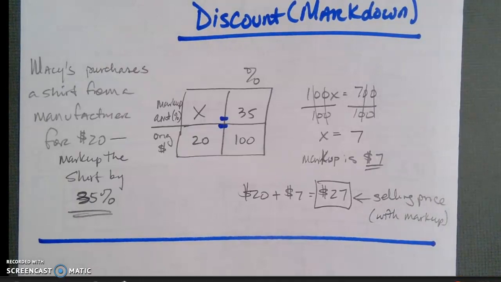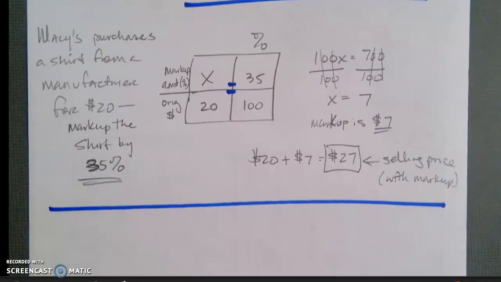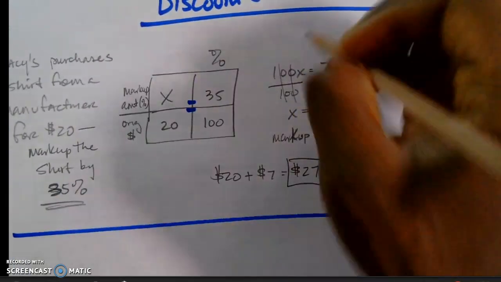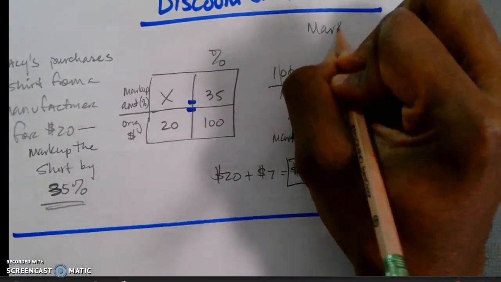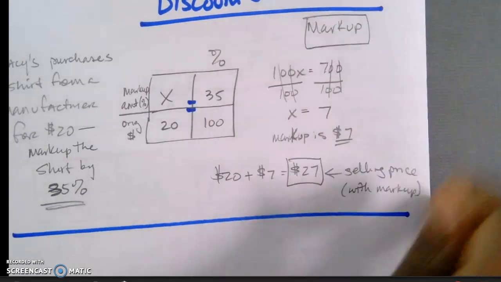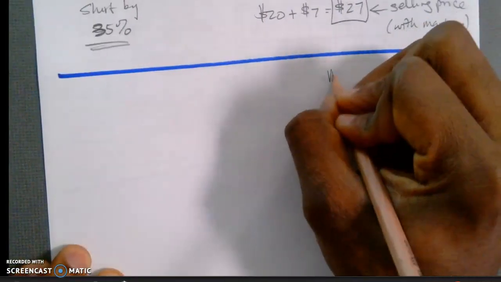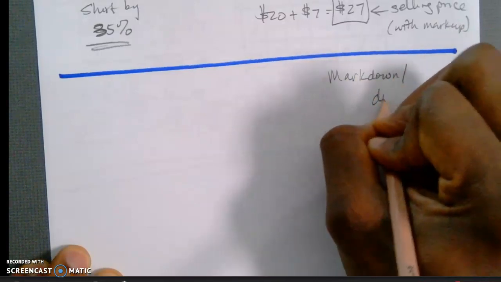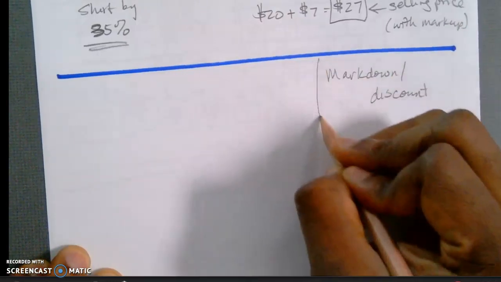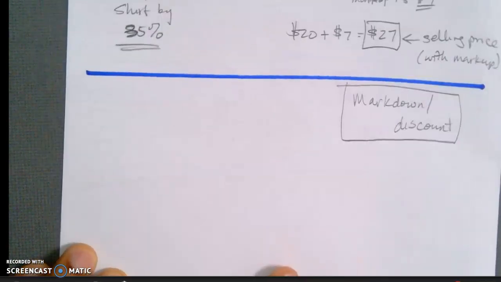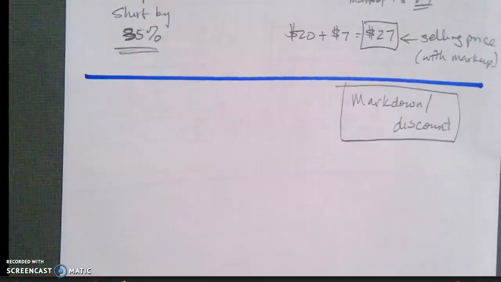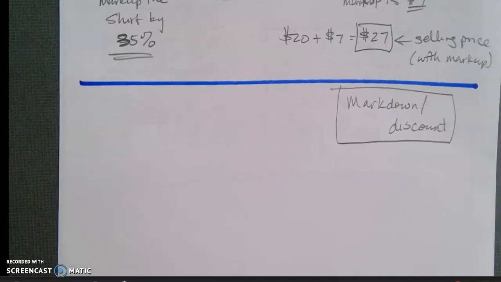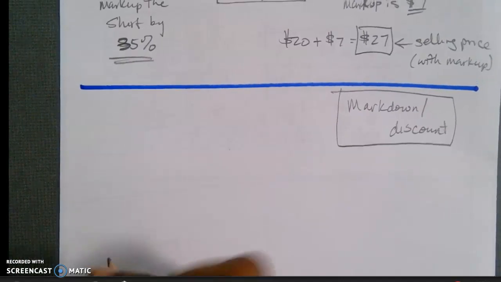Now I'm going to use Macy's as another example, and we're going to talk about discount or markdown. So, markdown, aka discount. At the end of the season, like around my birthday in January, it doesn't seem quite like the end of the season, but I know that because I like to get a good bargain.